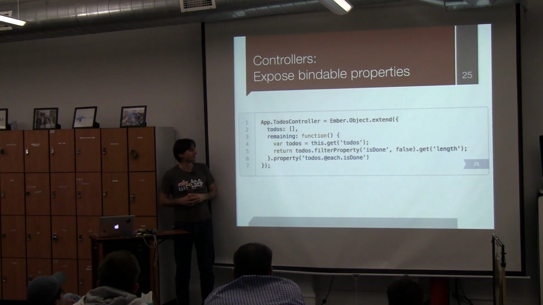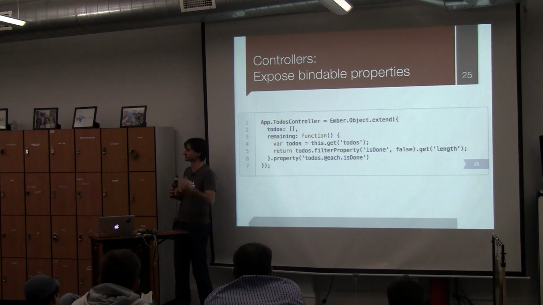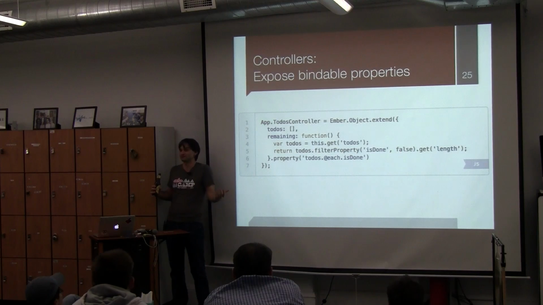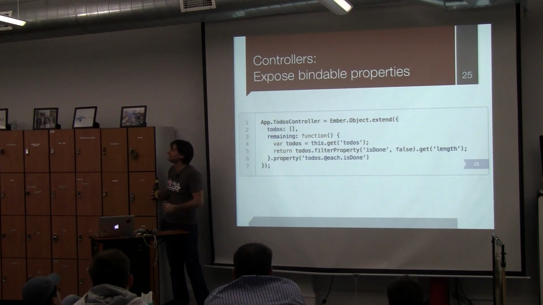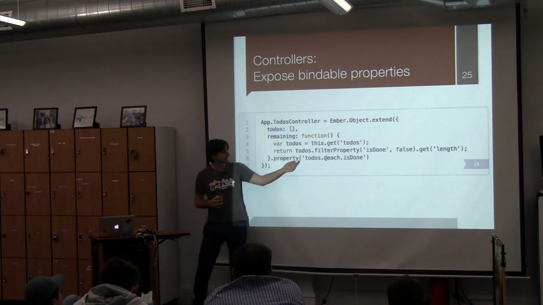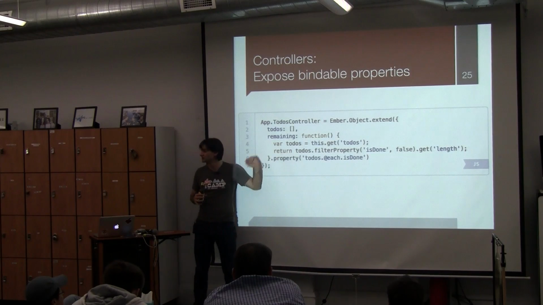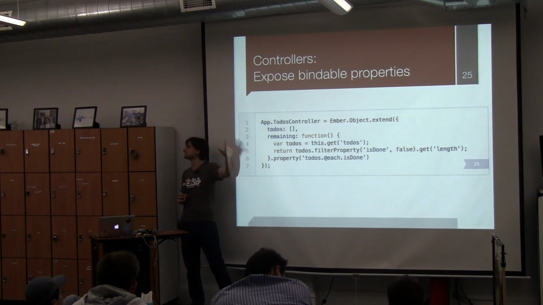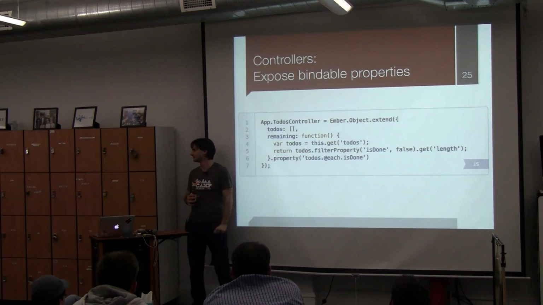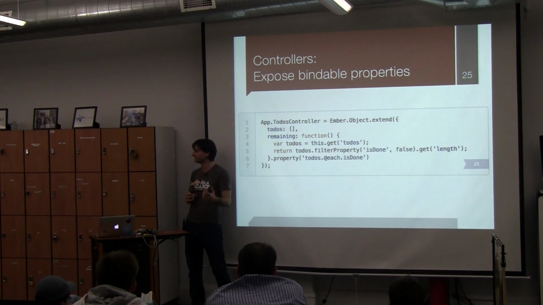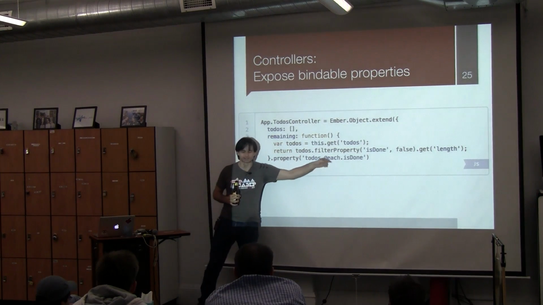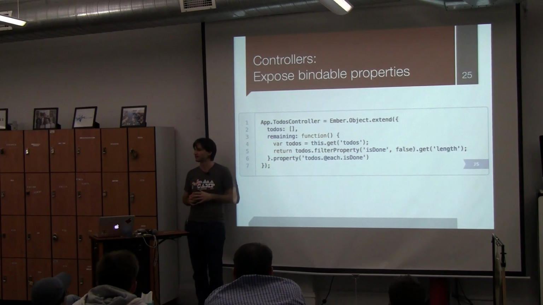If I want to depend on person last name and I just declare a dependency on person, well, the person didn't change, it just has a different name. So you have to be specific about what you want to observe. The way that Ember works is it's going to install observers at each element of this chain. So if to-dos does change, give it a brand new array, then this will fire for me and I'll get an updated remaining. But if all you do is change the isDone property of one of them, it's also going to fire.